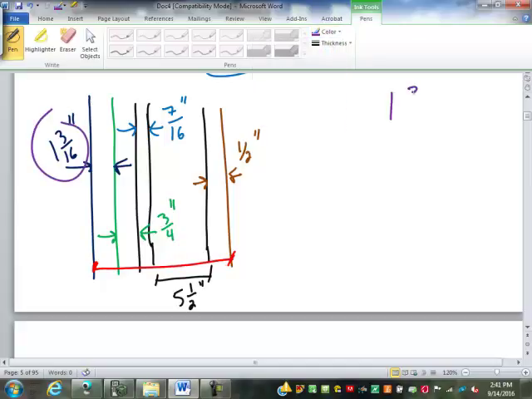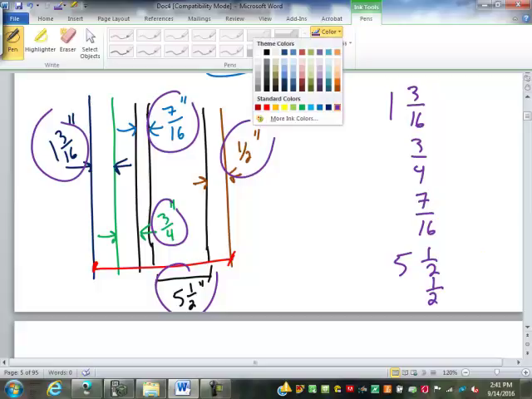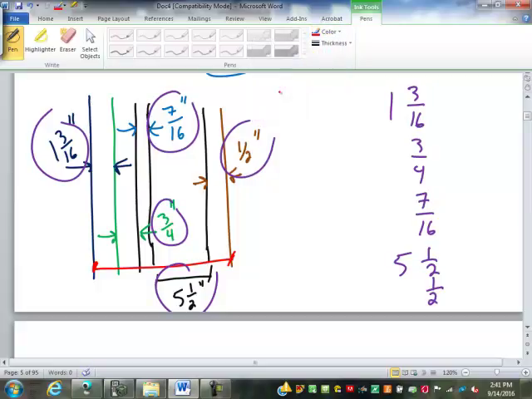1 3/16 plus 3/4 plus 7/16 plus 5 1/2 plus 1/2. Now I mentioned earlier when we were doing that saw curve problem, there are patterns.